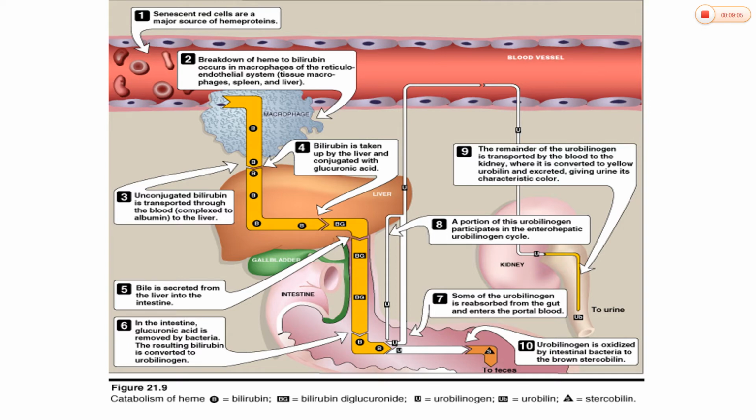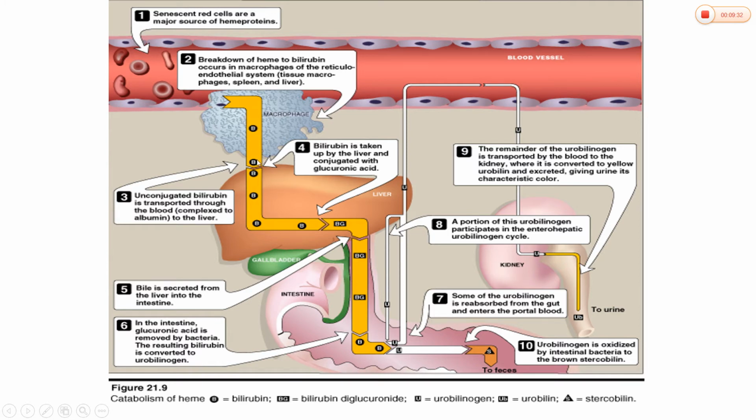The breakdown of this heme protein to bilirubin occurs in the macrophages of the reticuloendothelial system, which includes the lining of the blood vessels, the endothelial system, and the tissue macrophages in the spleen, liver, and all these places. So the breakdown of heme happens, and it is converted to bilirubin.